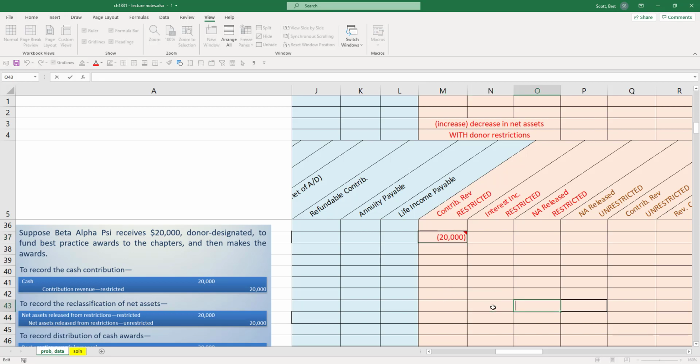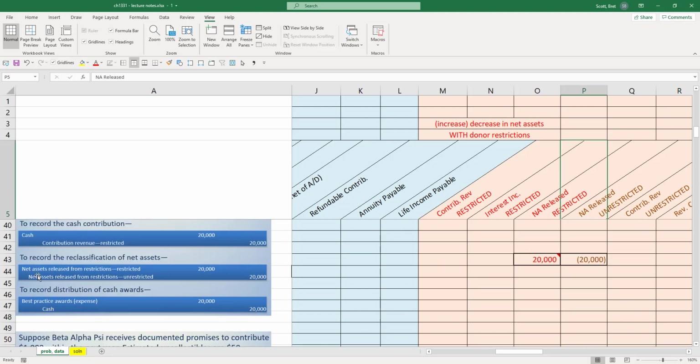Well, we would say, hey, 20,000 needs to be released. So take that 20,000 that's restricted and call it net assets released from restricted. This is a key aspect of what we have to do. You have to follow that up immediately with a net assets released unrestricted account.